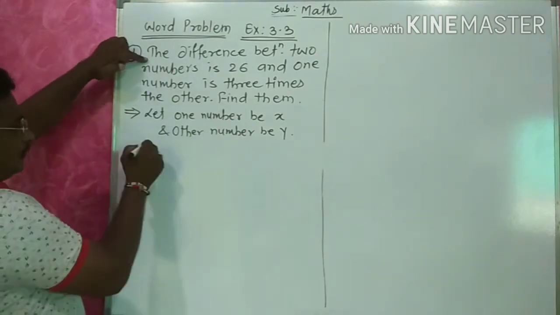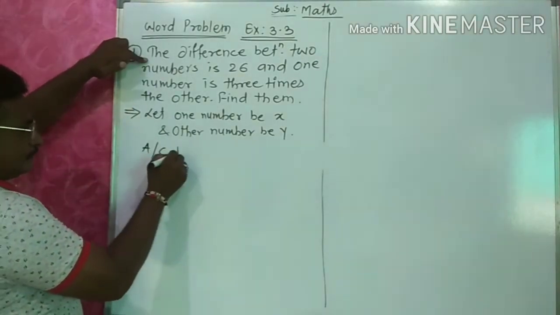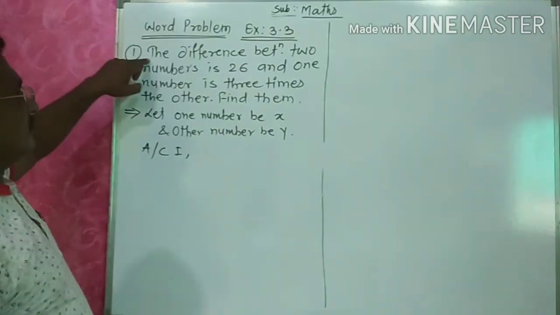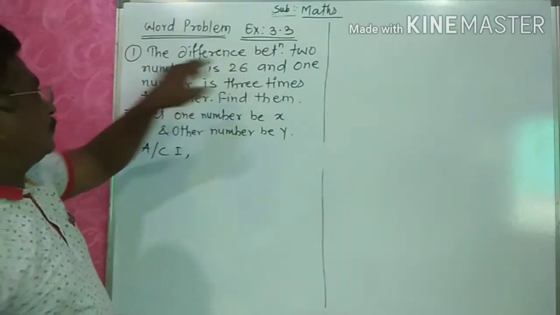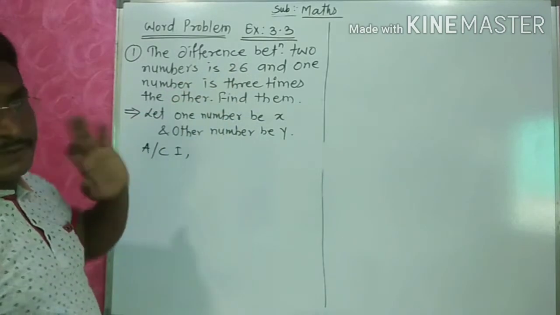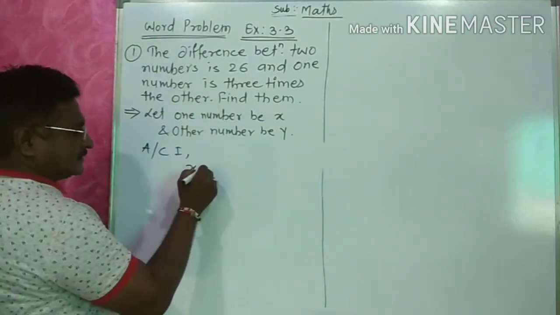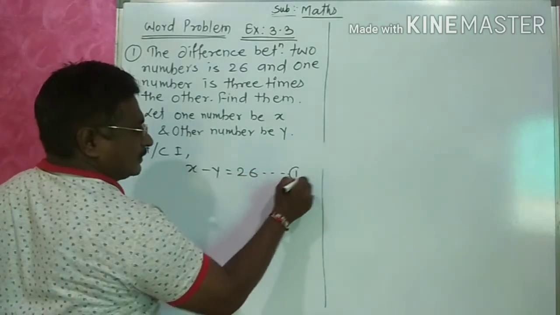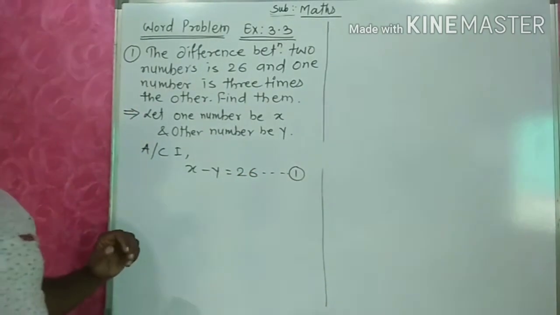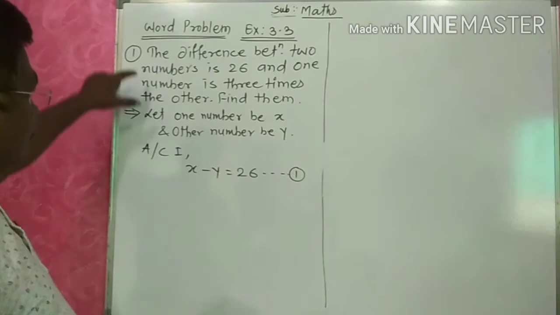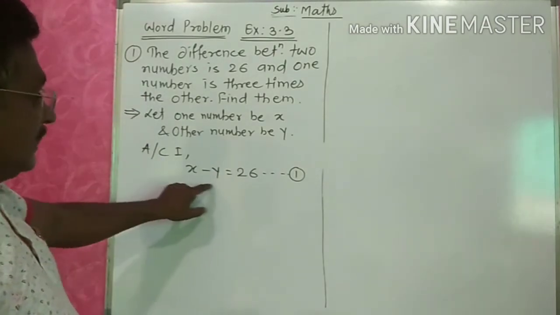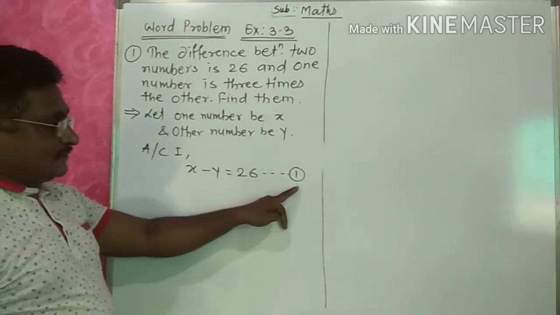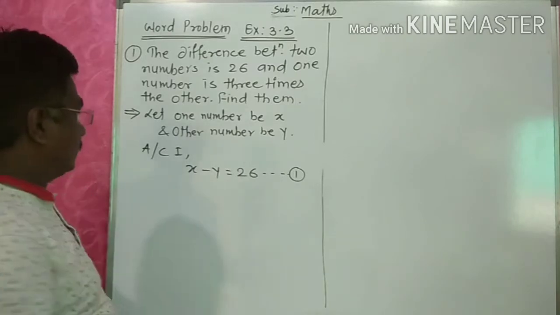Now according to the first condition, what is the first condition? The difference between two numbers is 26, means x minus y equals 26. So equation number 1.